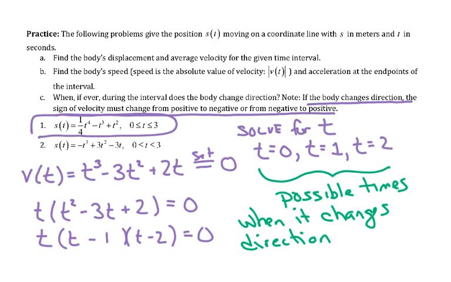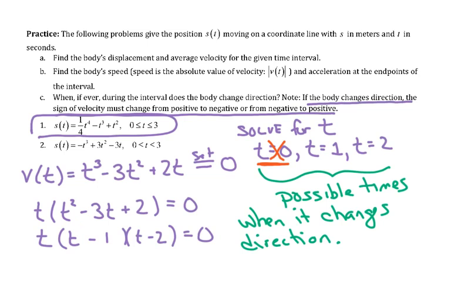We have to verify, and we have to also keep something in mind. At time t equals 0, it can't change direction. That's when it starts. So you can eliminate that one. That is not going to be one of your answers.